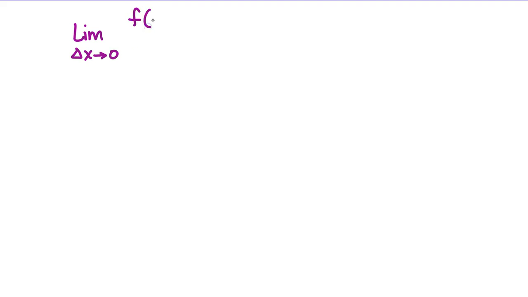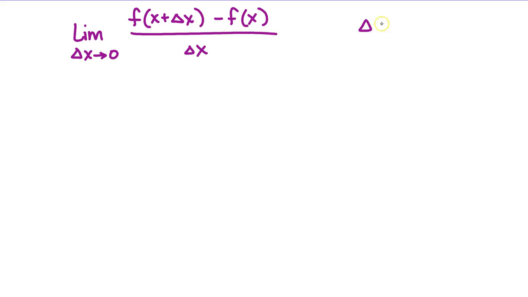So the limit as delta x goes to 0 of f of x plus delta x minus f of x over, oops, not over h, over what? Over delta x is the exact same thing. We've traded out h for delta x. Delta means change, and we're talking about a very, very small change in x as the change in x goes to 0.